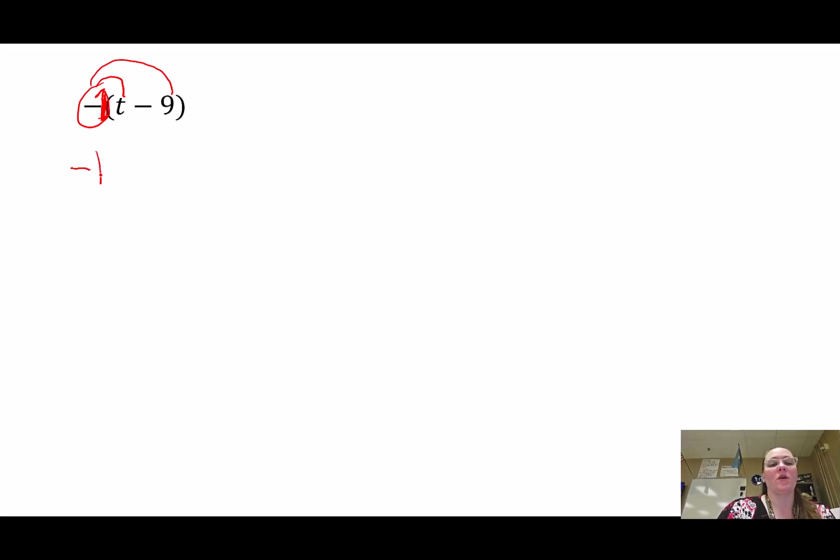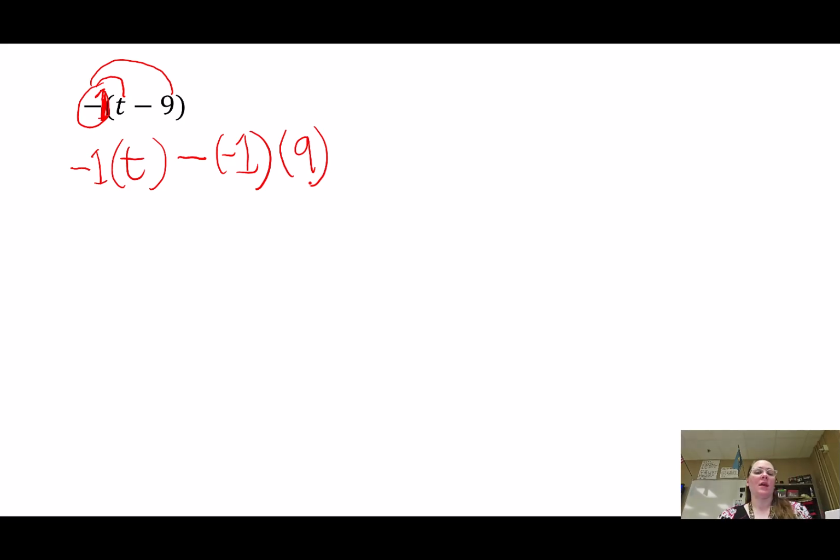So we get -1 times t minus, now I'm going to put the second -1 in parentheses to pay attention to it, minus a 9. Okay? So now we've got -1 times t, which just becomes a -t. We don't need to put the 1. Minus, well, -1 times 9 is a -9.